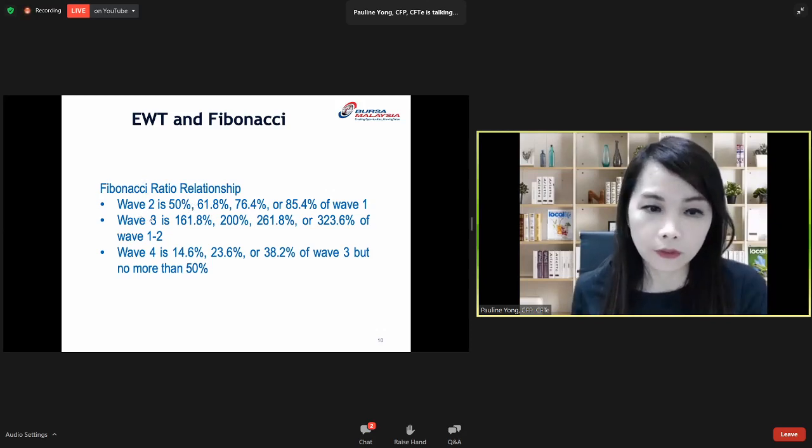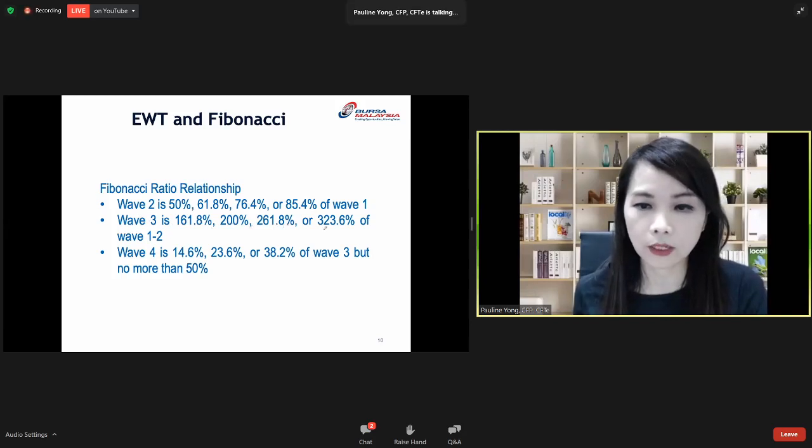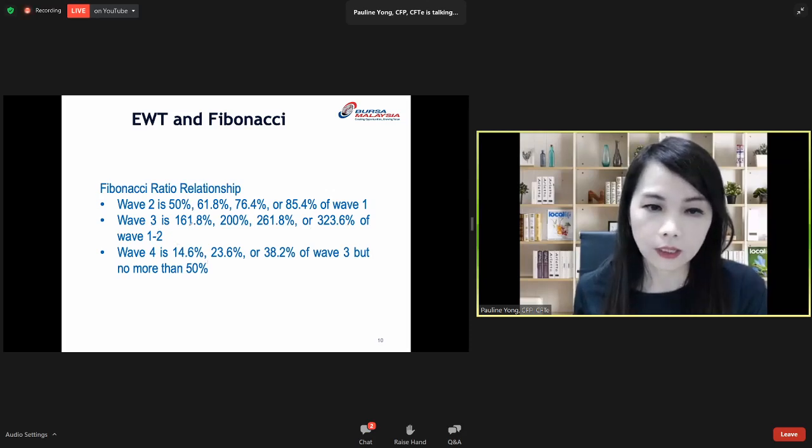So wave 3 is 161.8%, and then 200%, 261.8%, 323.6% of wave 1. What it means is that wave number 3 is definitely longer than wave number 1. They are looking at this kind of Fibonacci ratio, 1.618, 2 times, 2.618, and 3.236.